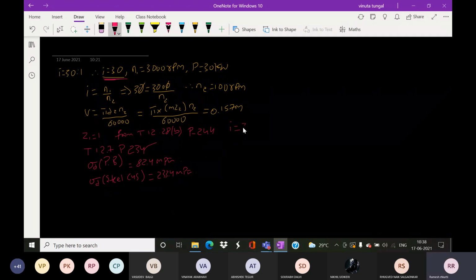From this, I is equal to Z2 by Z1. Here you can substitute the values. 30 is equal to Z2 divided by Z1, which is 1. From this you will get the value of Z2. You can substitute that in the above equation. Instead of writing this step first, I have written this later, so just shift this step.